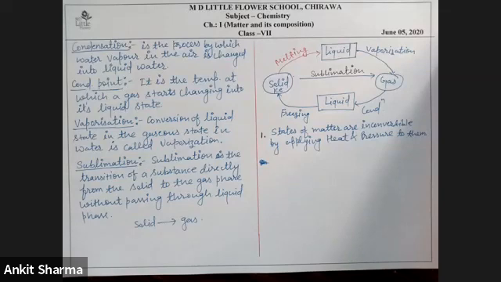Now, let's study some important points of our chapter. This is your chapter number one. We have covered all the topics in your chapter. Now, we are going to summarize our chapter in terms of important points.